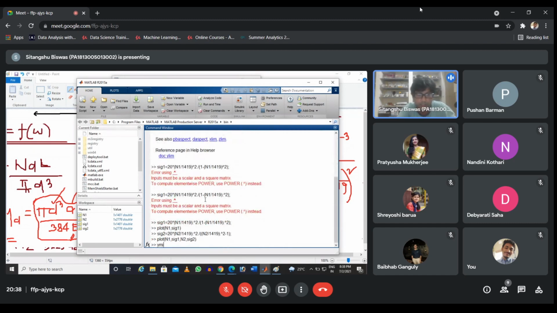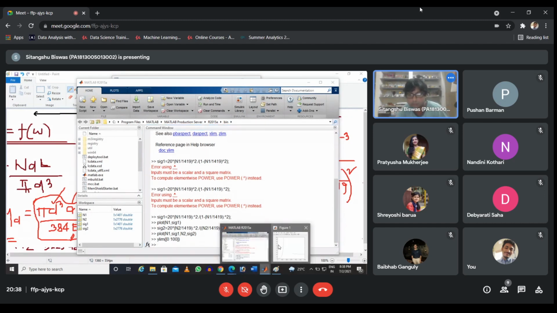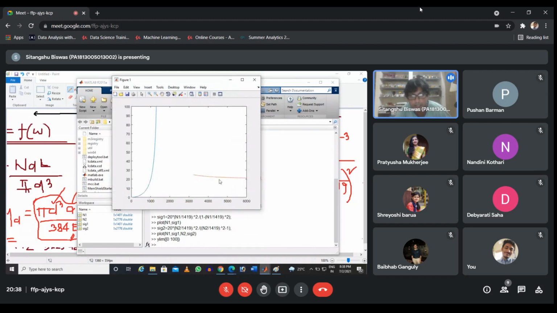So y limit, that is 0 to say 100. This curve again is coming wrong.